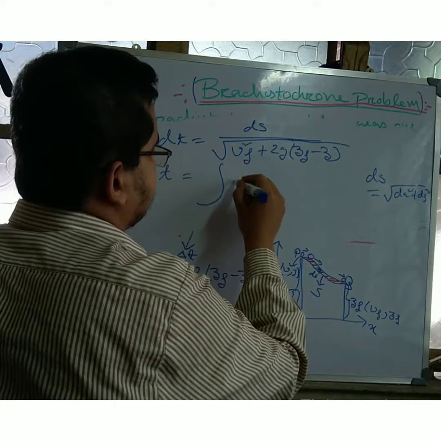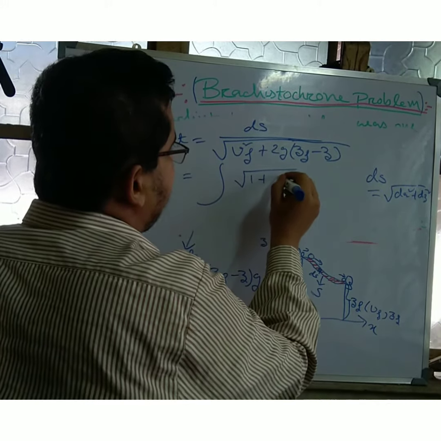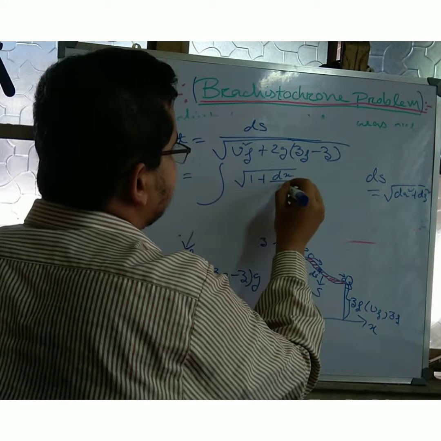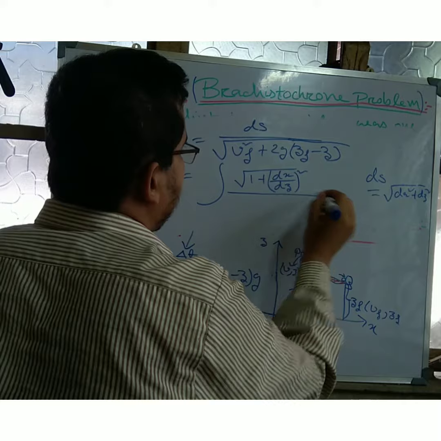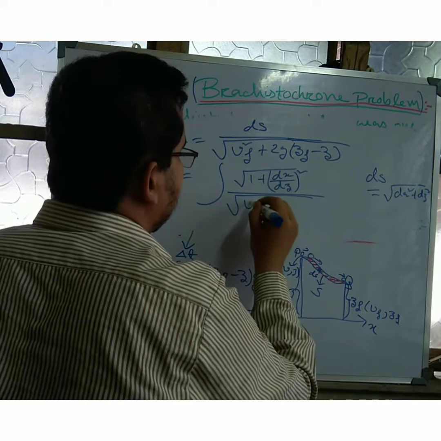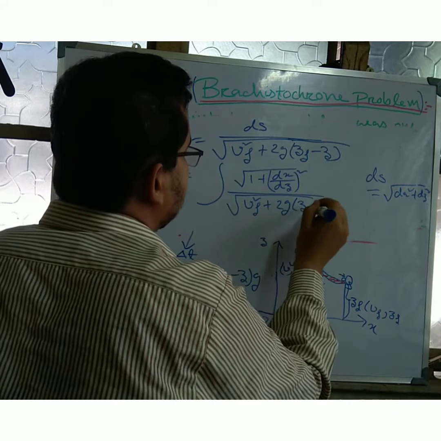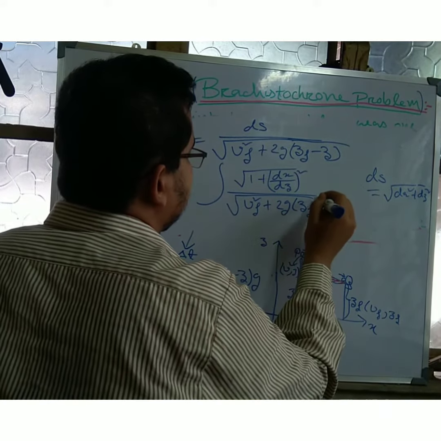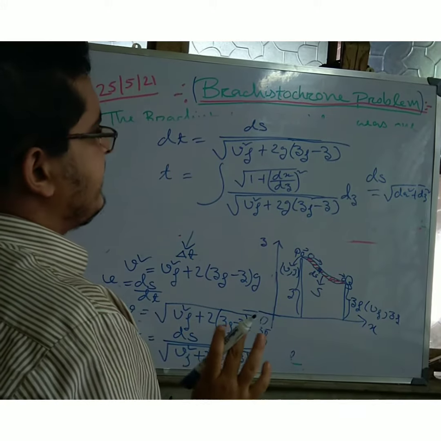So friends, I can write it in terms of dz. This value should be root over 1 plus (dx by dz) whole square divided by root over v square f plus 2g into zf minus j, and now it is dz.